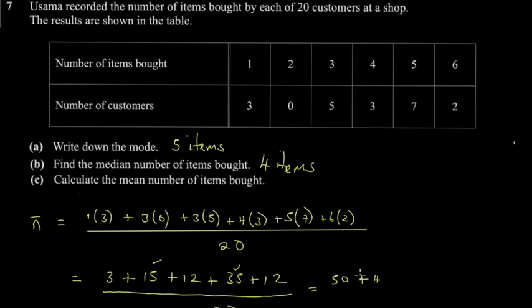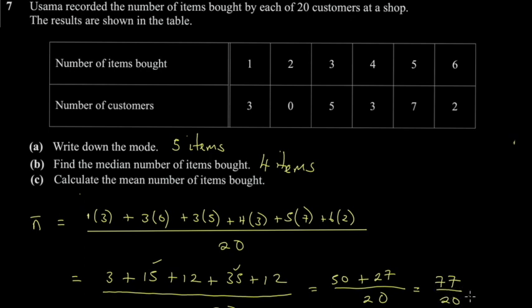Sorry, I made a mistake here. So this one and this one you got 40. 15 plus 35 you got 50. 12 plus 12 you got 24. 24 plus 3 you get 27. Divided by 20 here. Okay, so 50 plus 27 you get 77.